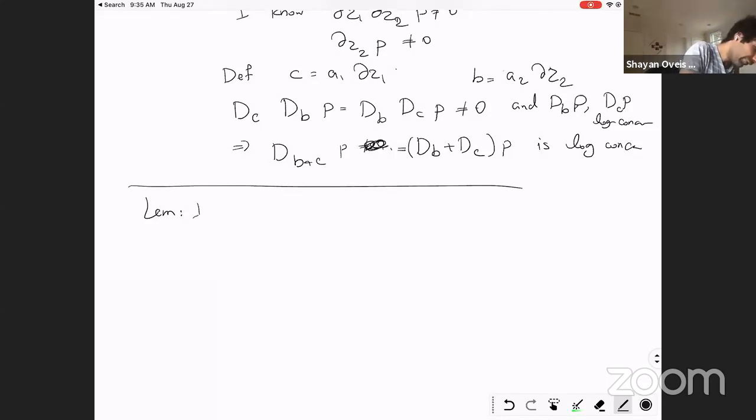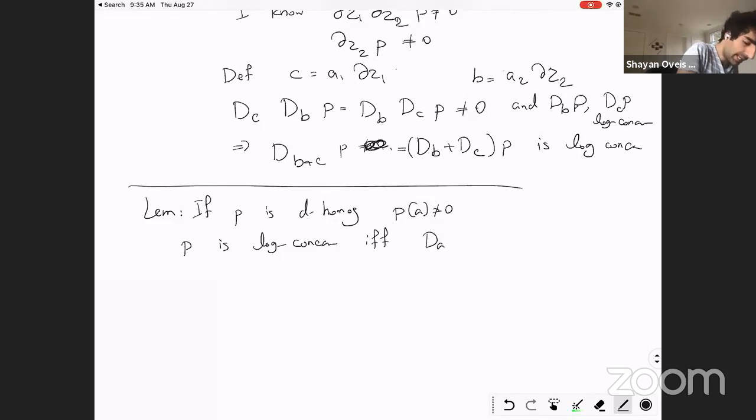It says that if P is dehomogeneous, and say P of A is not equal to 0, then P is log concave at A if and only if dA of P is log concave at A.